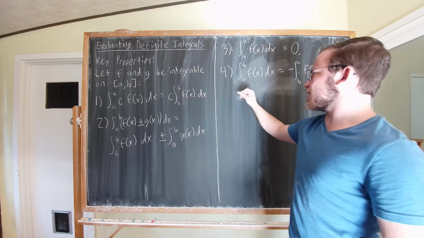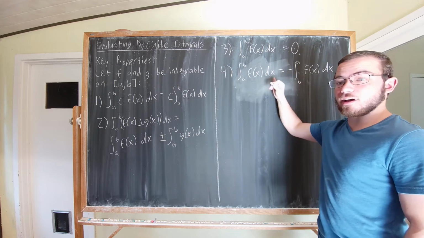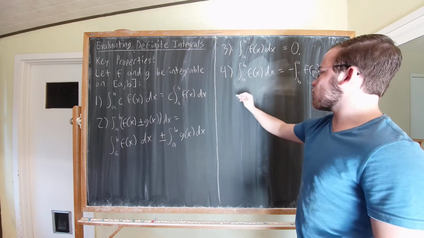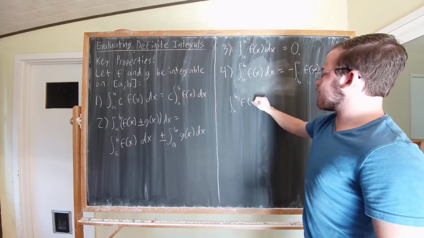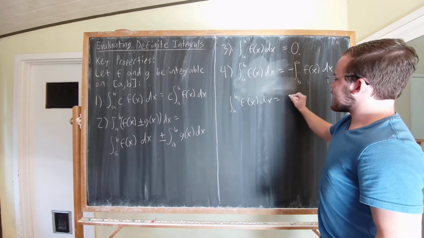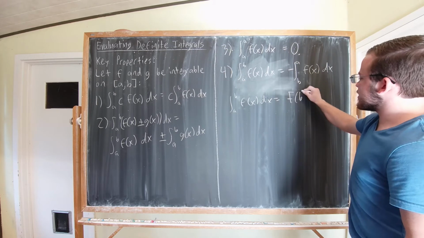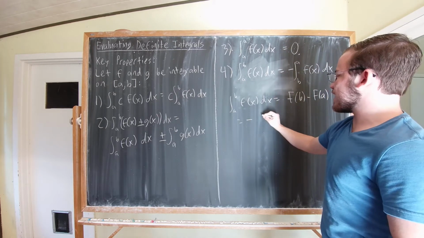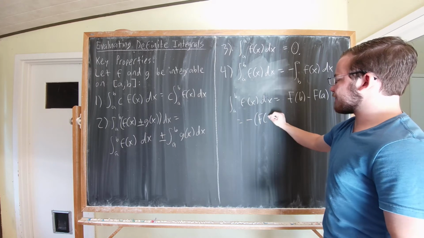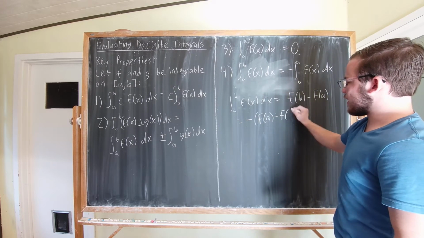If capital F is an antiderivative of little f, then what happens? Well, the integral from a to b of f of x dx is F of b minus F of a, which is negative F of a minus F of b.